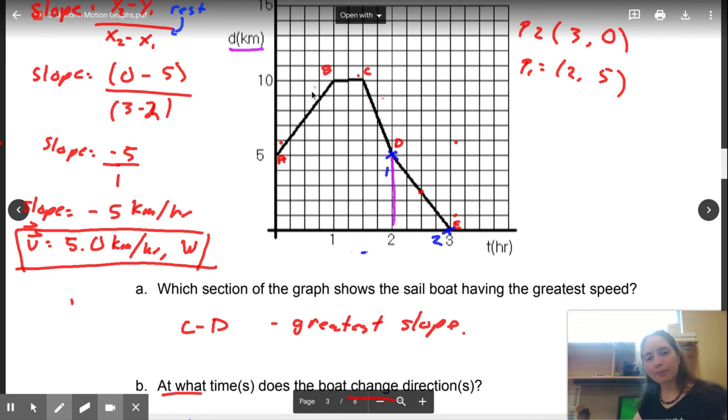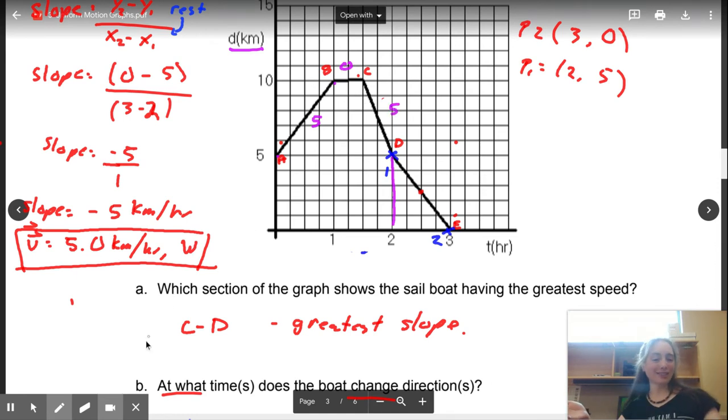Well, look here. From here to here on the graph, ladies and gentlemen, we traveled from 5 kilometers to 10 kilometers, so that's 5 kilometers. Here, we traveled 0 kilometers. Now, remember the question said distance, so we don't want direction. And then we went from 10 kilometers back to 5.